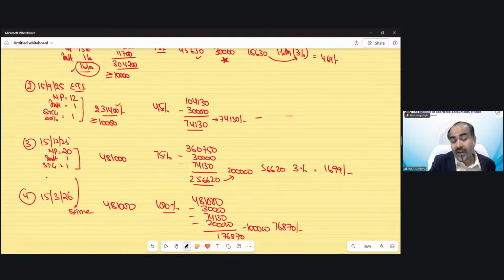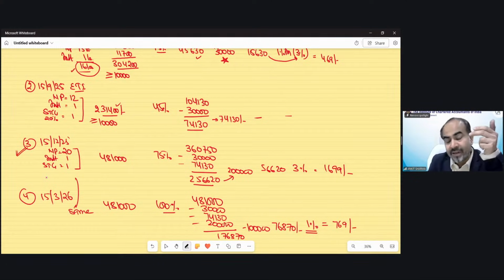And remember carefully, on the last installment, if there is a shortfall, there would be only 1% interest applicability, not 3%. And it's very logical because if you default at this stage, the next installment time is after 3 months, so 1% per month total would be 3%. This is my last installment of 15th of March of the year.